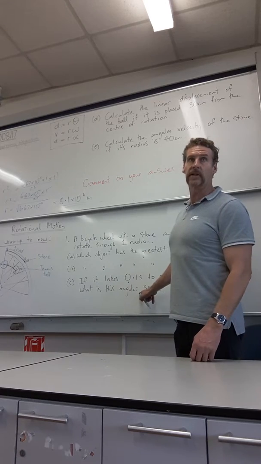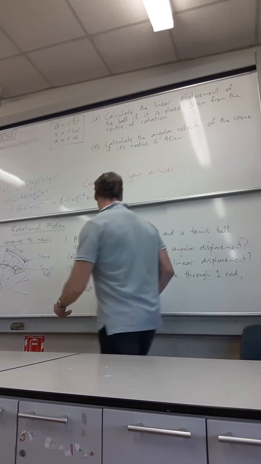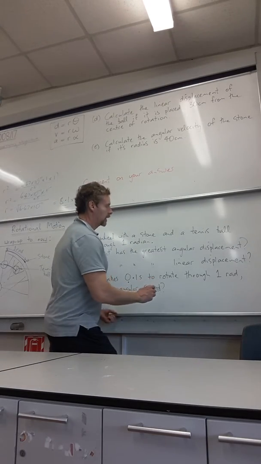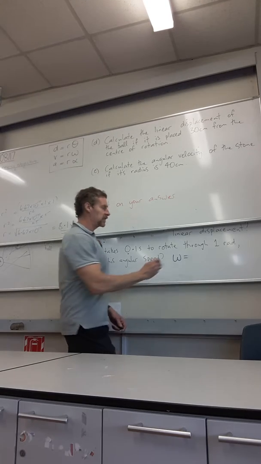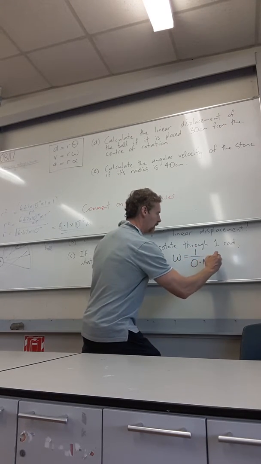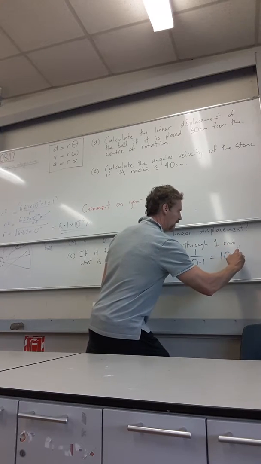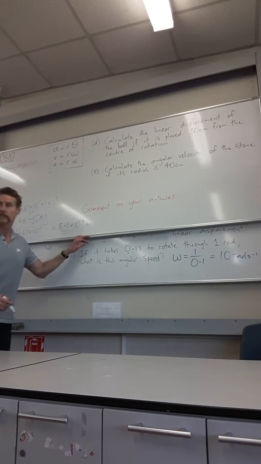It's 1 radian, isn't it? What's the time? 0.1 second. So the angular speed is the angular displacement, which is 1 radian, divided by the time, 0.1, equals 10 radians per second. Right? Fair enough so far?